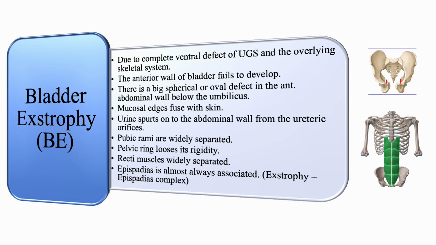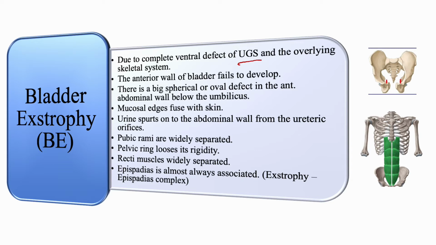It happens due to the complete ventral defect of the urogenital sinus and the overlying skeletal system. The anterior wall of the bladder fails to develop. There is a big spherical or oval defect in the anterior abdominal wall below the umbilicus, and the mucosal edges fuse with the skin. The urine spurts onto the abdominal wall from the ureteric orifices.